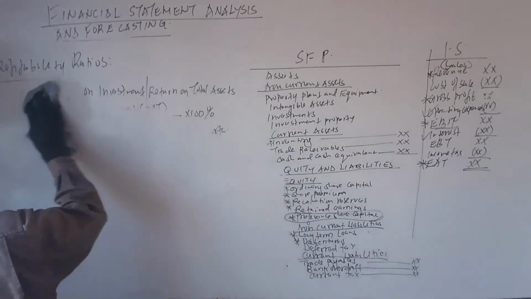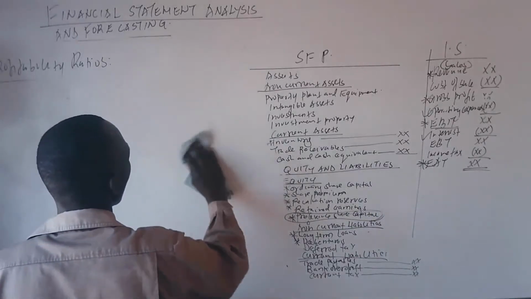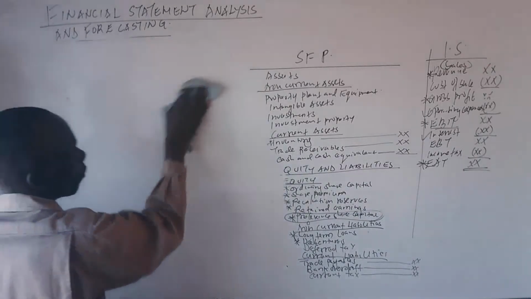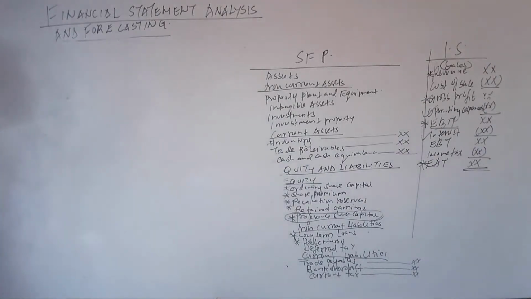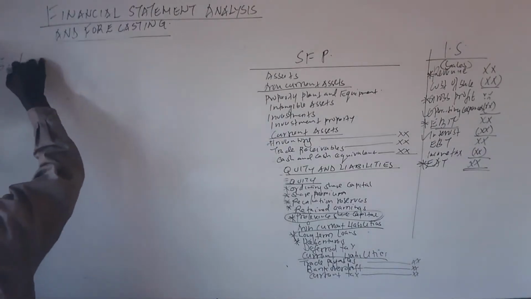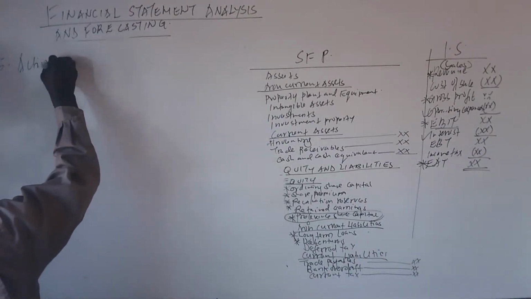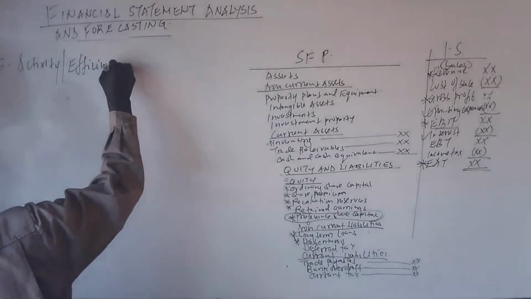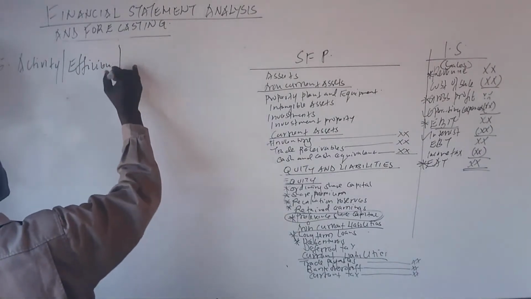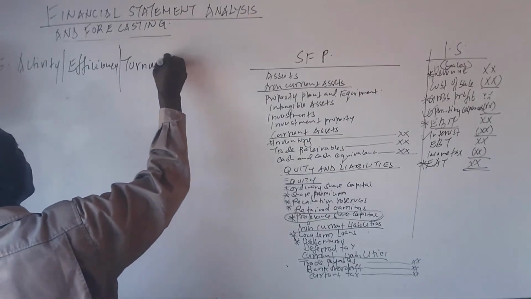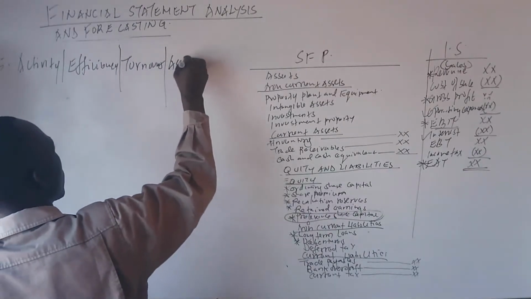Now we go to the final one. The final one ilikuwa ni gani? Activity. The final one, number 5, was activity, efficiency, turnover, or asset what?